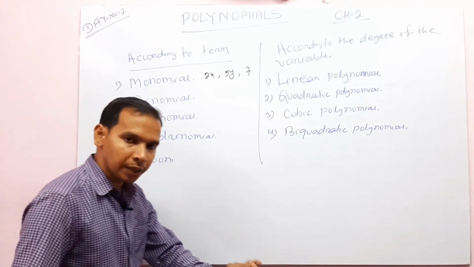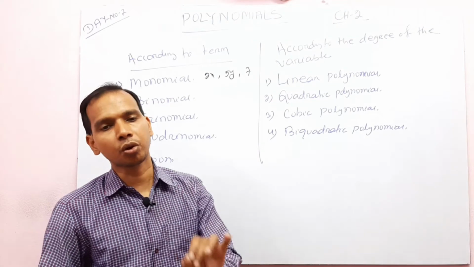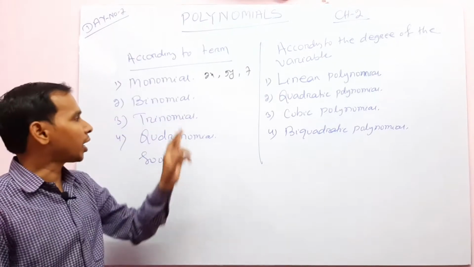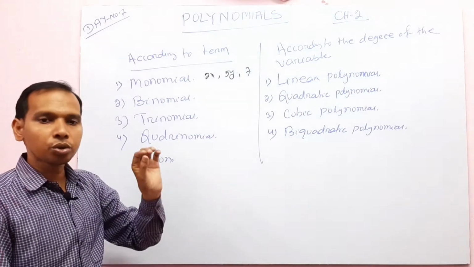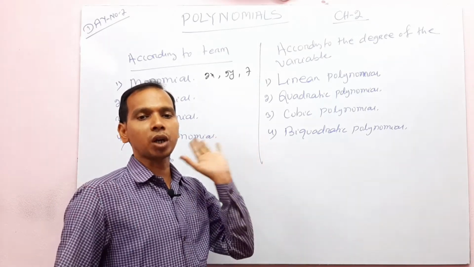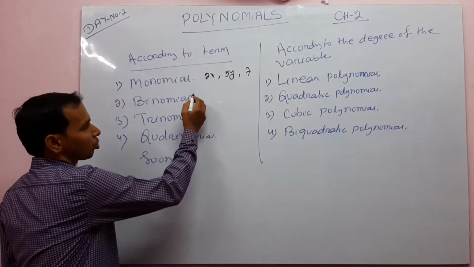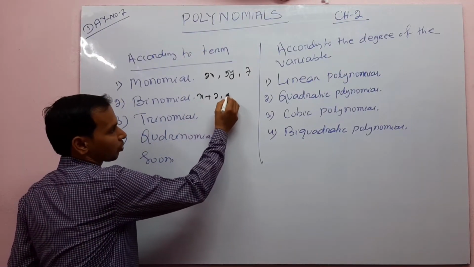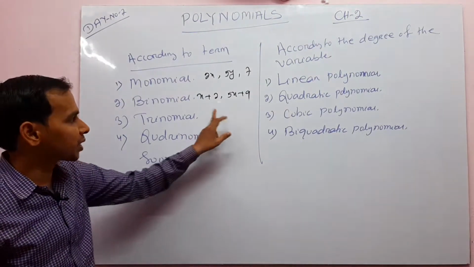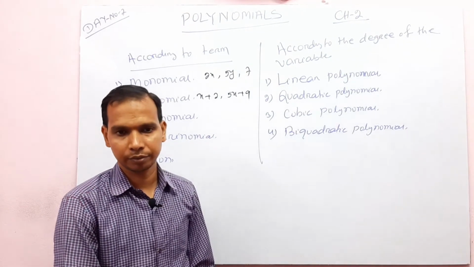So an algebraic expression containing 2 terms is known as a binomial. Example: x plus 2, 5x plus 9, etc.